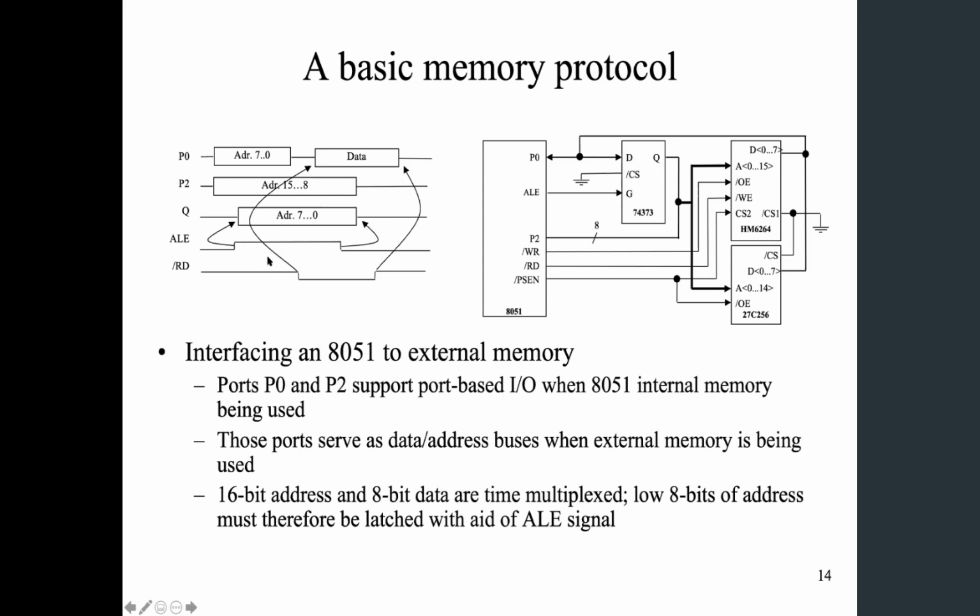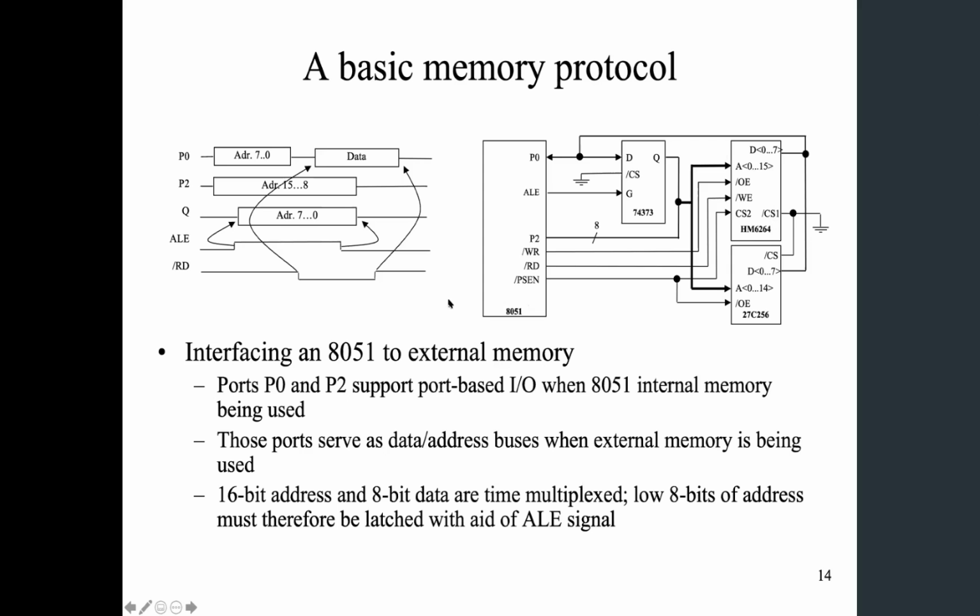So what we're really doing here is this ALE will make sure that all of the 16-bit address is present with a combination of this Q and this P2. In this way, we are able to provide the full 16-bit address to either one of these memory chips.